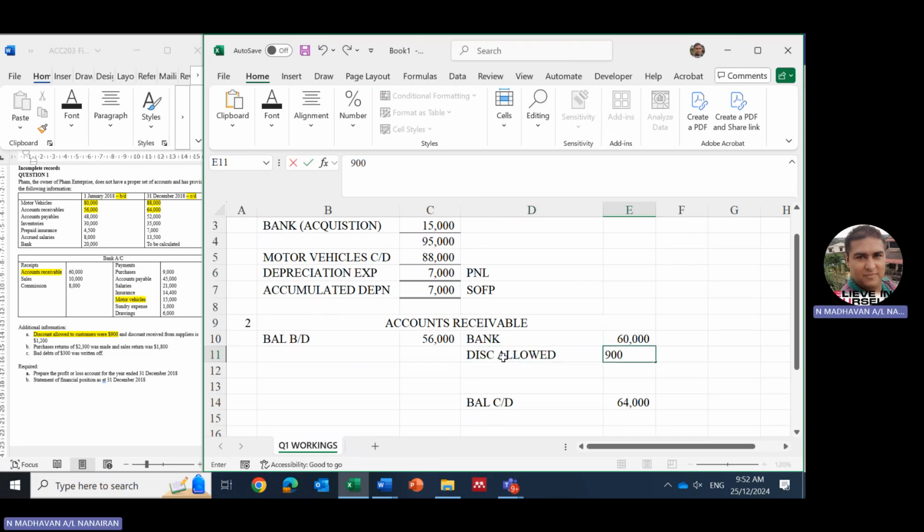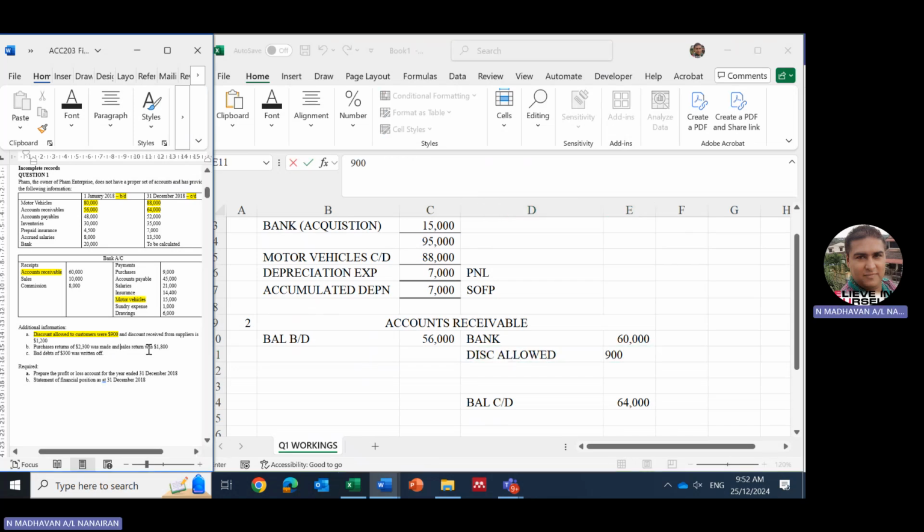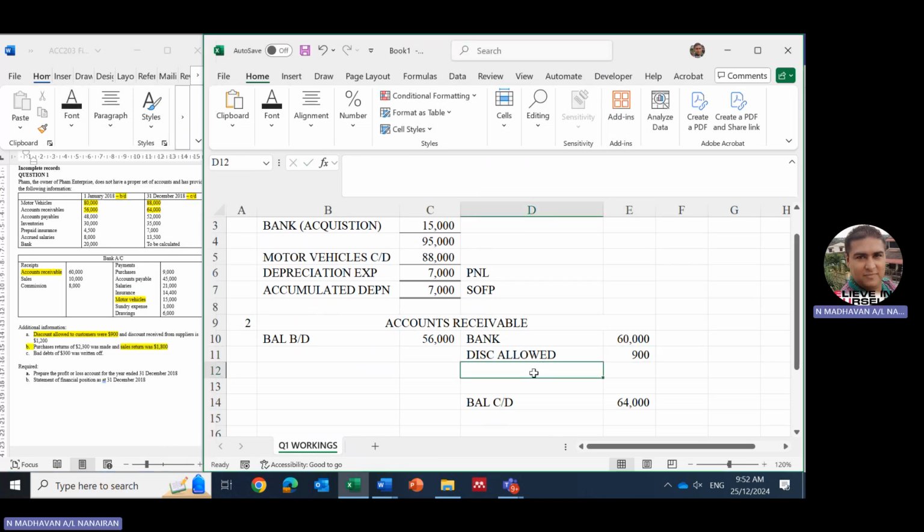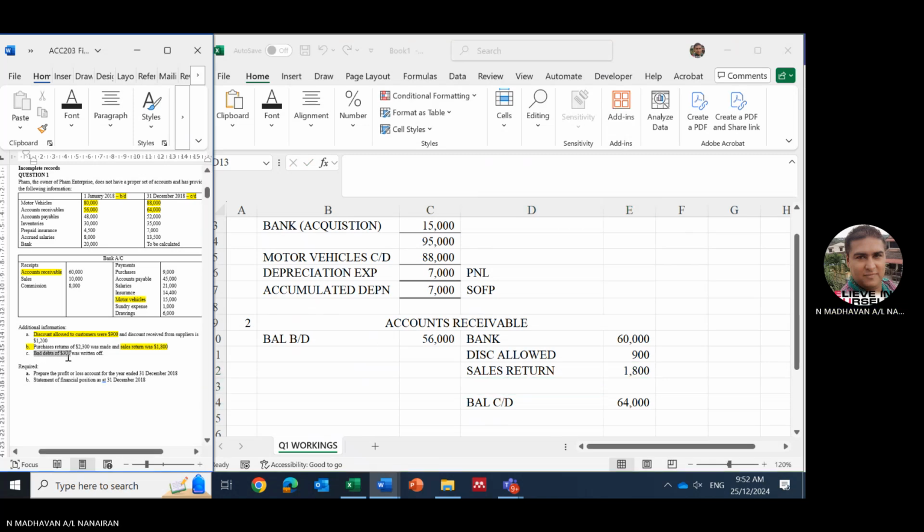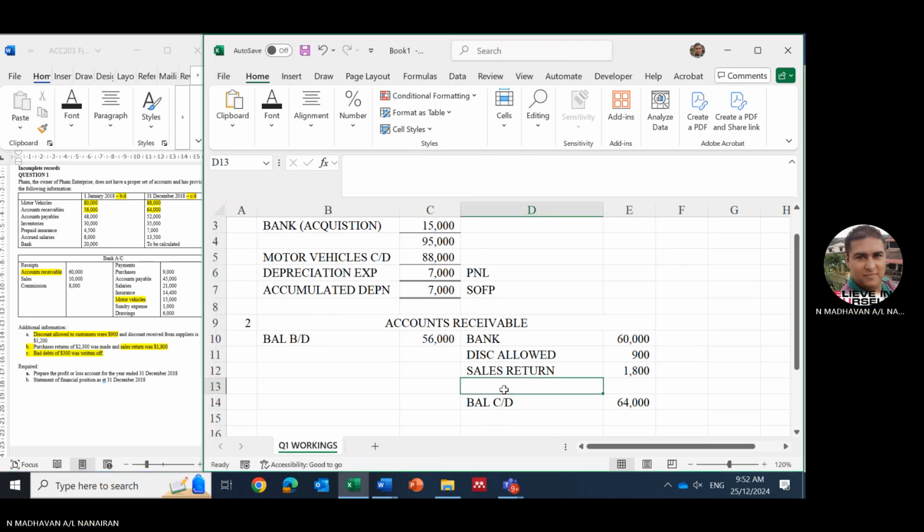What else do we have? We have sales return of 1,800. What else do we have? We have bad debts, which is 300. Correct?